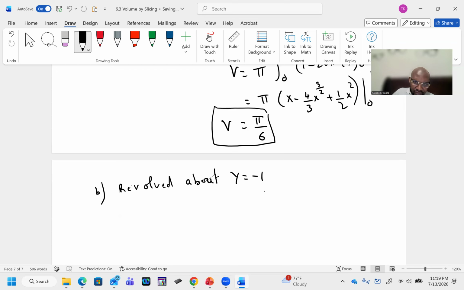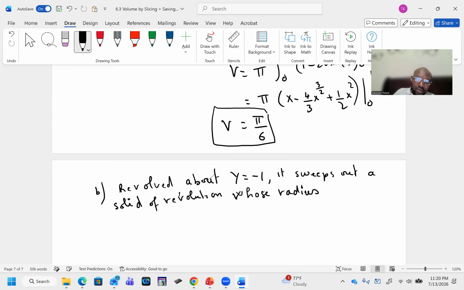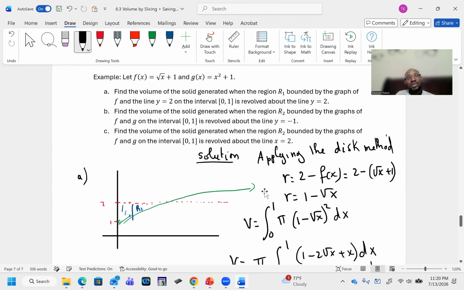So it sweeps out a solid of revolution whose radius at a point x is f of x plus 1, which will be what? f of x is square root of x plus 1.